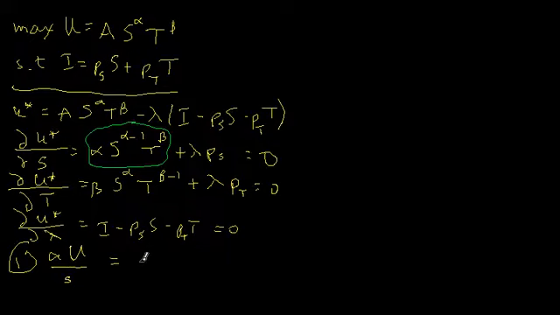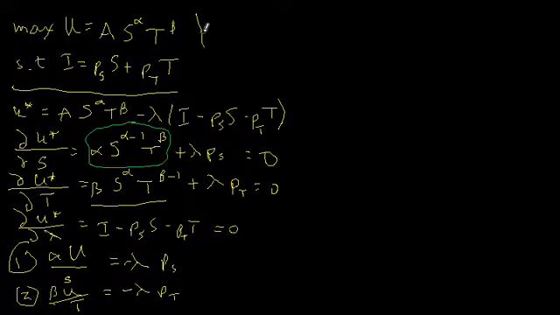And this is equal to minus lambda times PS. And we have a second equation figuring similarly here. This is U, this is beta U over T, and that wants to be equal to minus lambda PT.